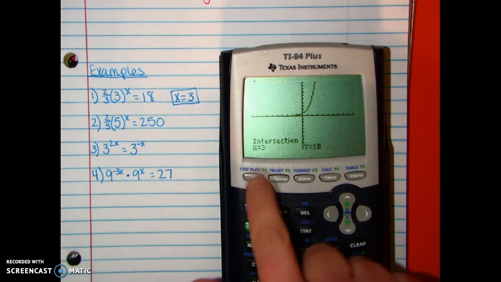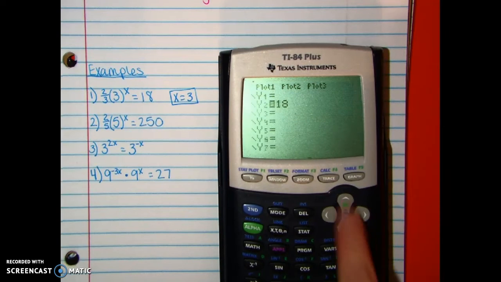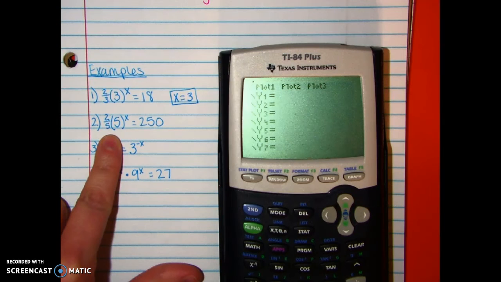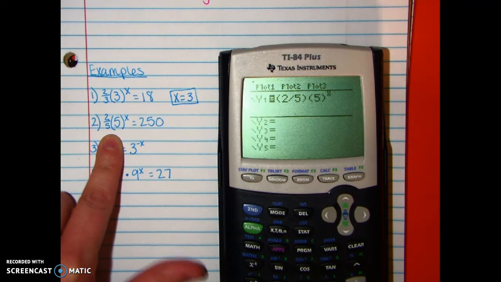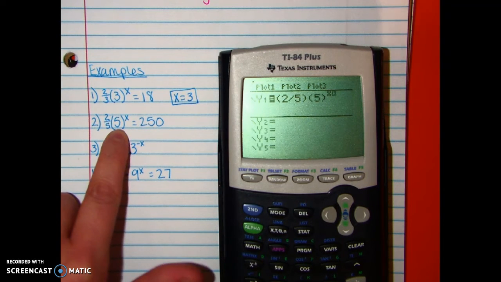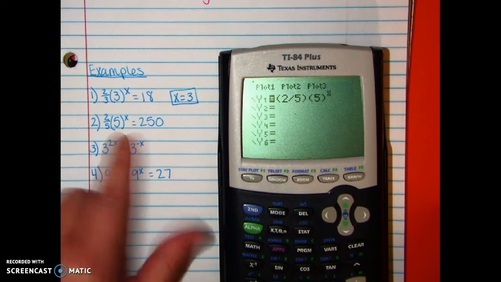Let's go back and do example number 2. Clear this stuff out. For this one, now it's 2/5 times 5 to the x. Technically, you probably don't need that 5 inside parentheses, but I'll just leave it like that.